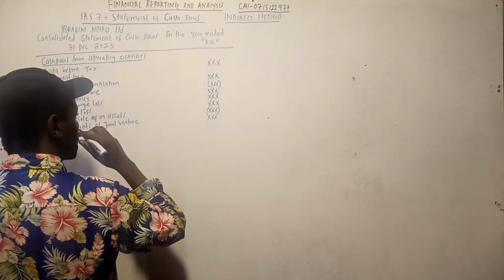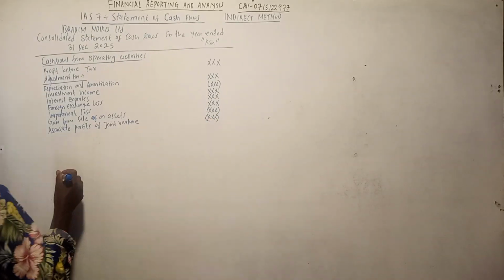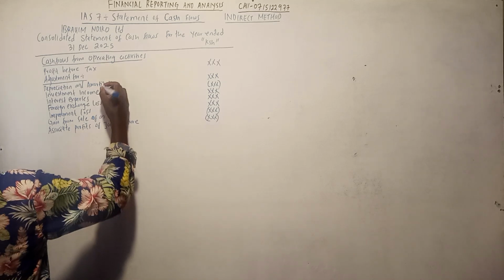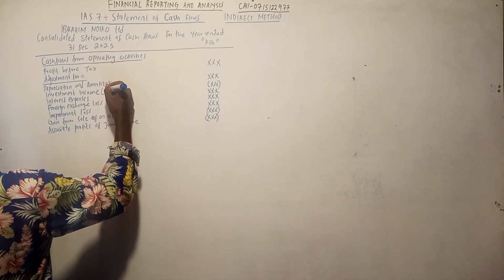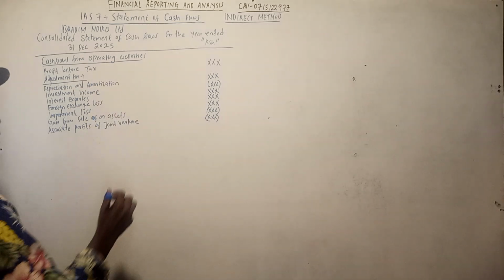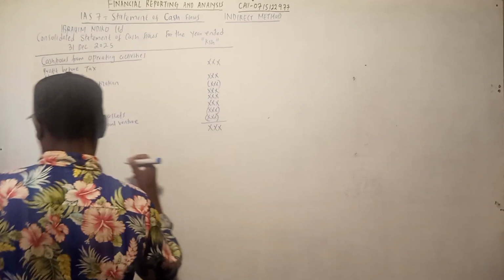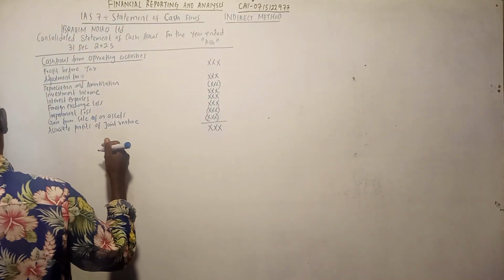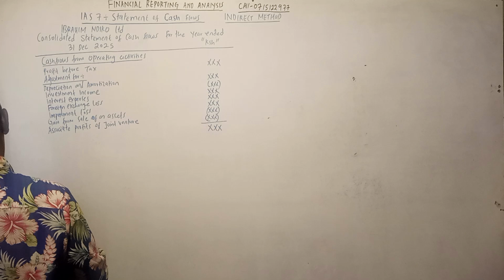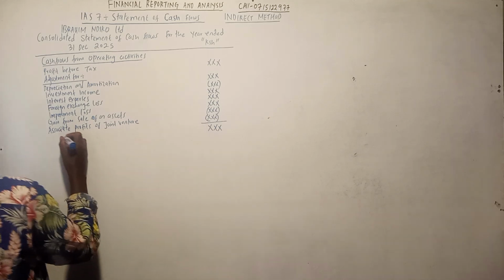Investment income can be in the form of dividend or whichever form. So we add them, and we get a gross amount. We can call it cash flow.